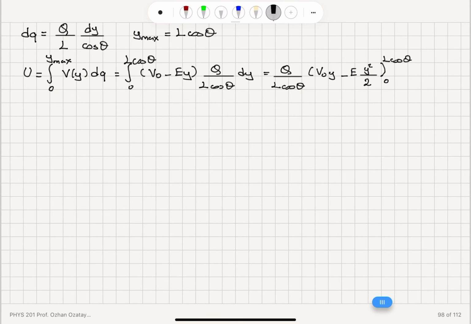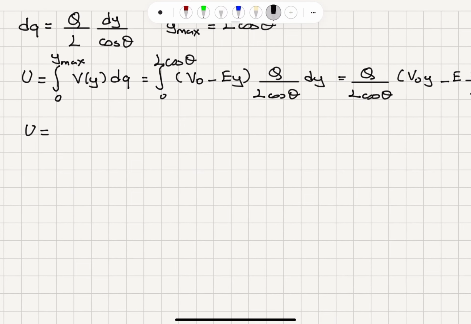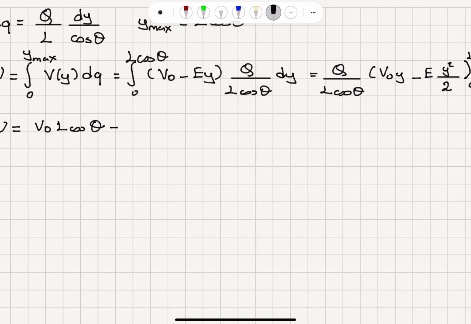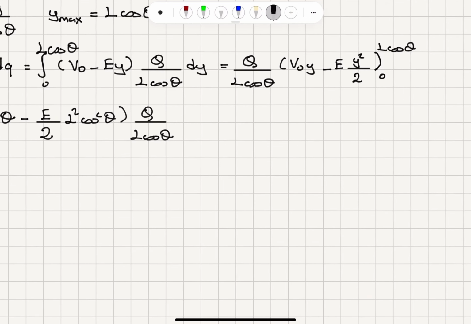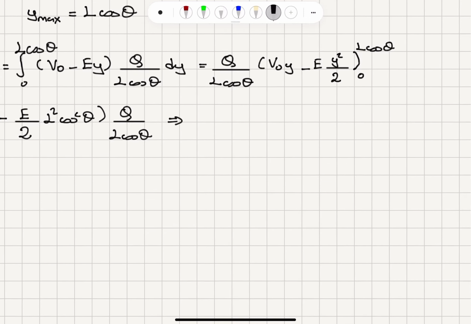All right. So if I substitute the limits, I will obtain V0 capital L cosine theta minus E y squared over 2, so that's E over 2 L squared cosine squared theta, multiplied by capital Q over capital L cosine theta. So this allows me to write the final answer.